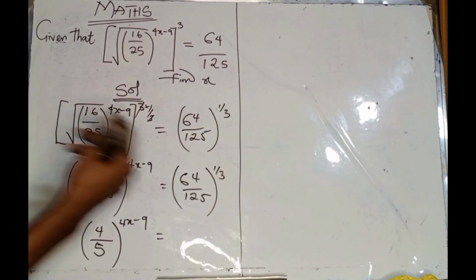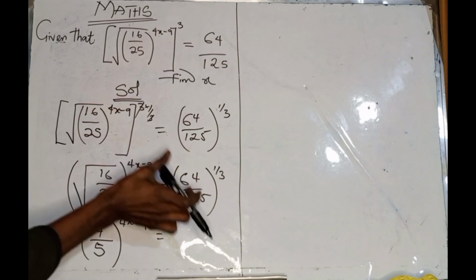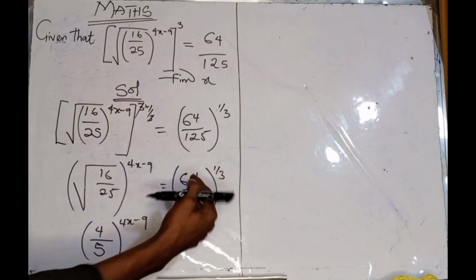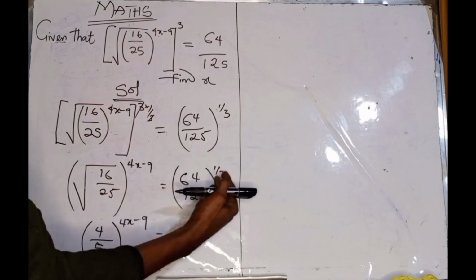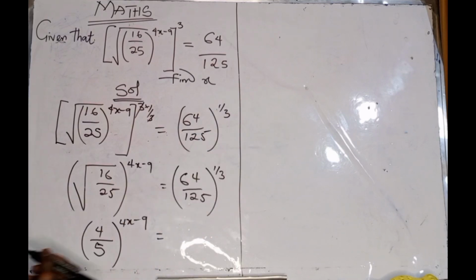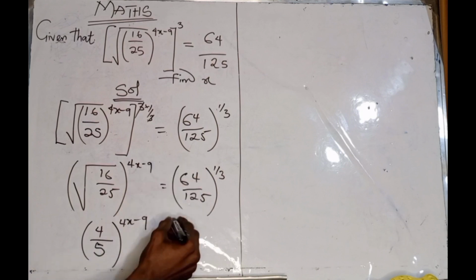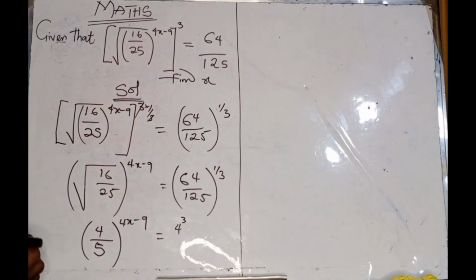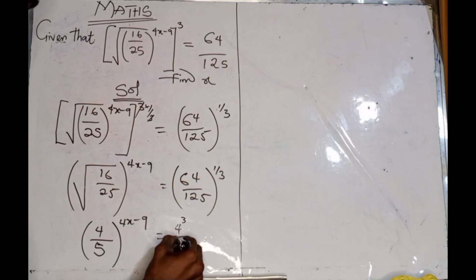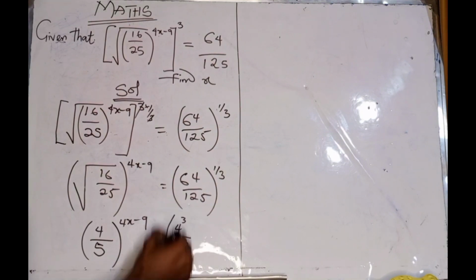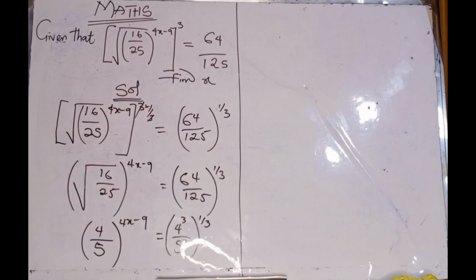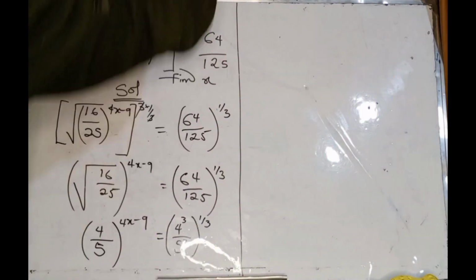I will have to express this in index form to be able to raise them to the power of 3, so it can cancel this 1 over 3 on the power. So here I can have 4 raised to the power of 3 in index form, which is 64, divided by 5 raised to the power of 3 in index form, which is 125, all raised to 1 over 3.